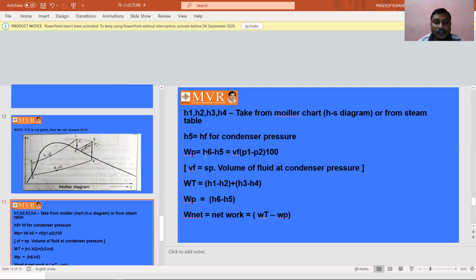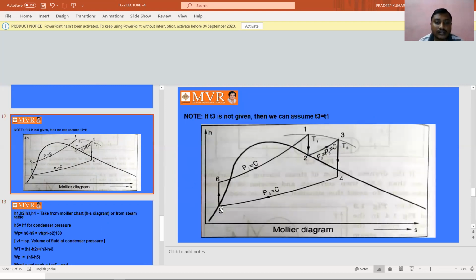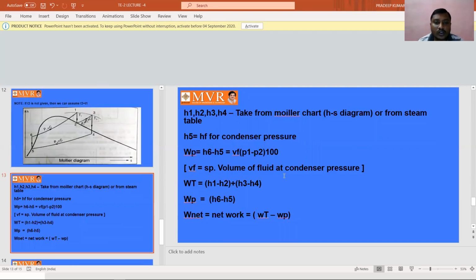WT is nothing but H6 minus H5. Vf is the specific volume. We can write the pump work as Vf into P1 minus P2 into 100, as I have told you in the earlier classes how to write this equation.